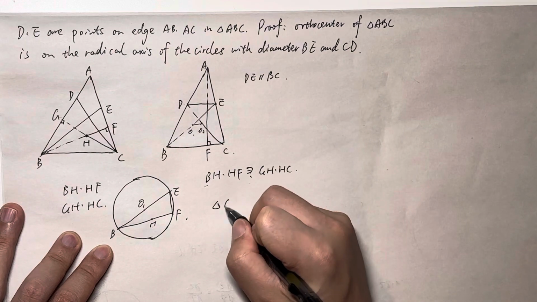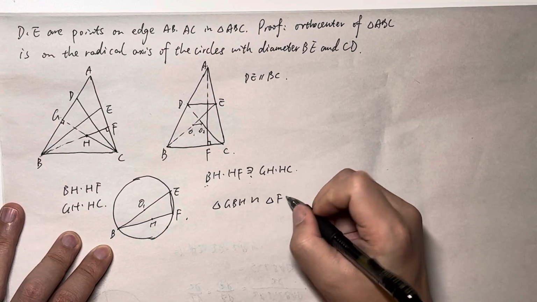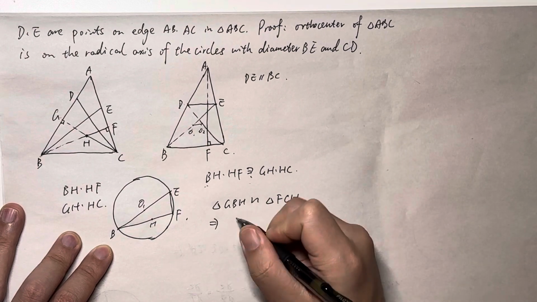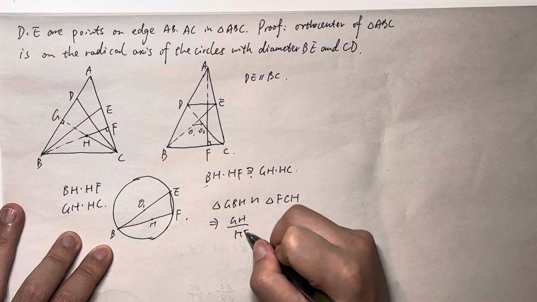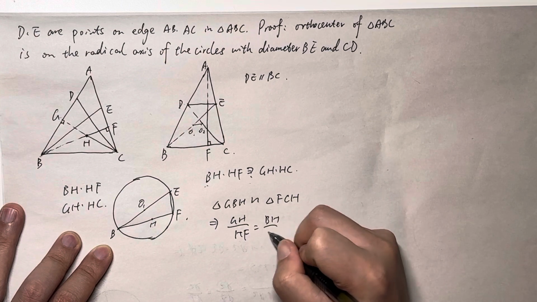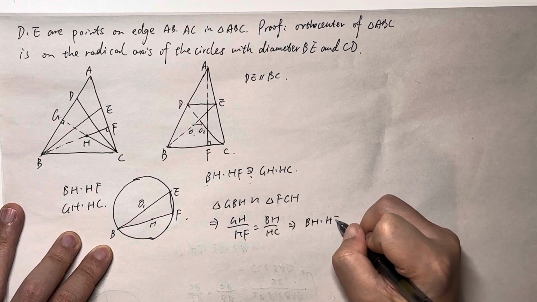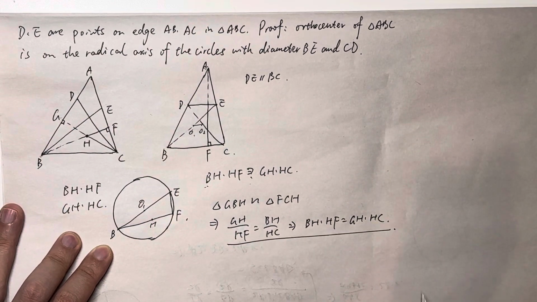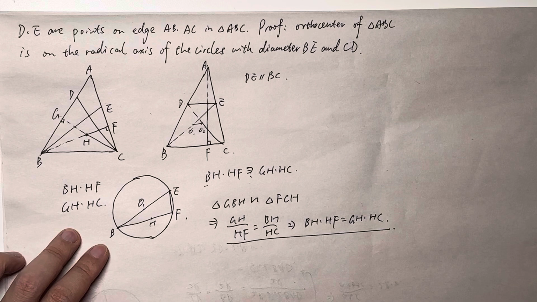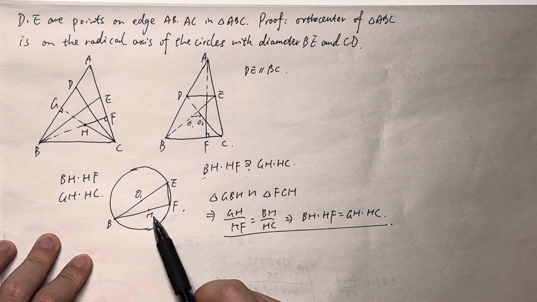So triangle GBH is similar to triangle FCH, which means GH to HF equals BH to HC, which means BH times HF equals GH times HC, right? That demonstrates H is on the radical axis.